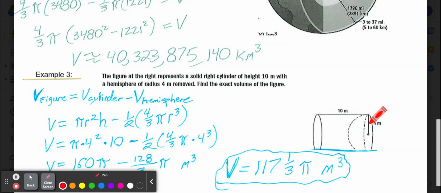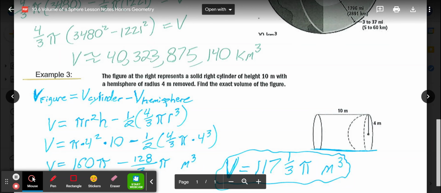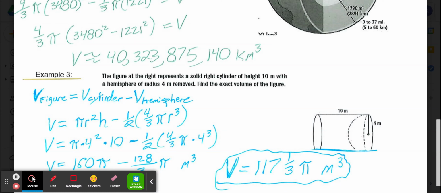So we know our radius of that circle base of our cylinder is 4 meters, height of the cylinder is 10, so it'd be pi times 4 squared times 10, minus the volume of the hemisphere, which if it was a full sphere, our volume would be 4/3 pi r cubed. So we'll just take that and multiply it by 1/2 because it's a hemisphere. So then, taking our radius again of 4, we would have 4/3 pi multiplied by 4 to the third power, and then multiply that by 1/2.